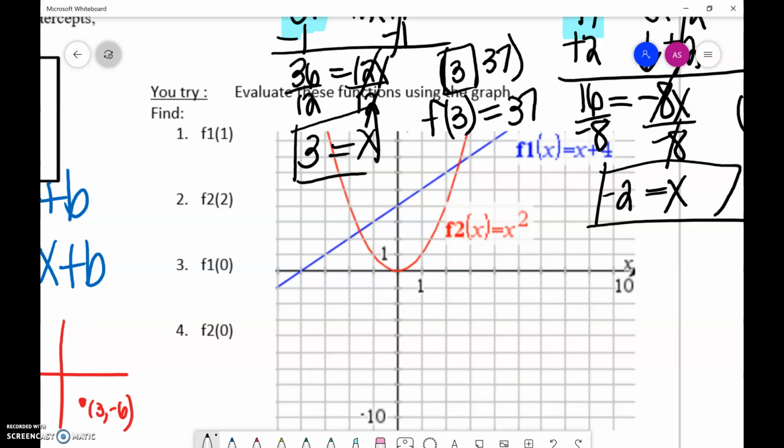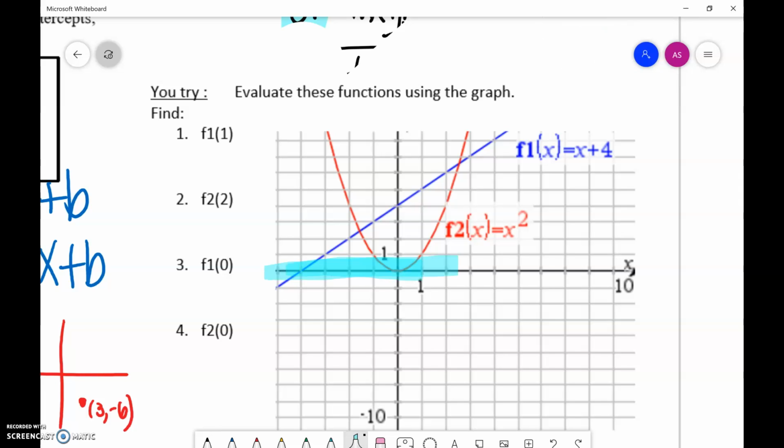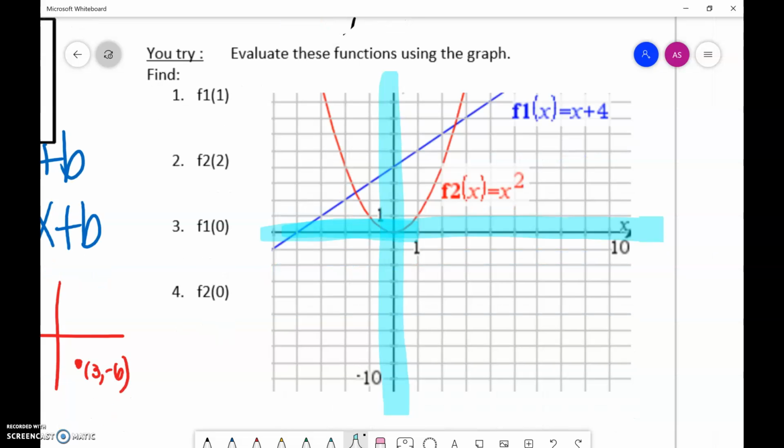Okay, so now we're going to look at a graph. So if you remember from middle school, the horizontal axis is your x-axis and the vertical one is your y-axis. So what they're giving you here is 2 functions.